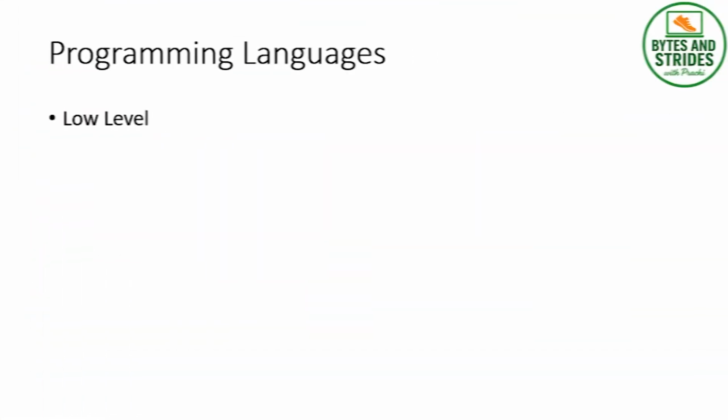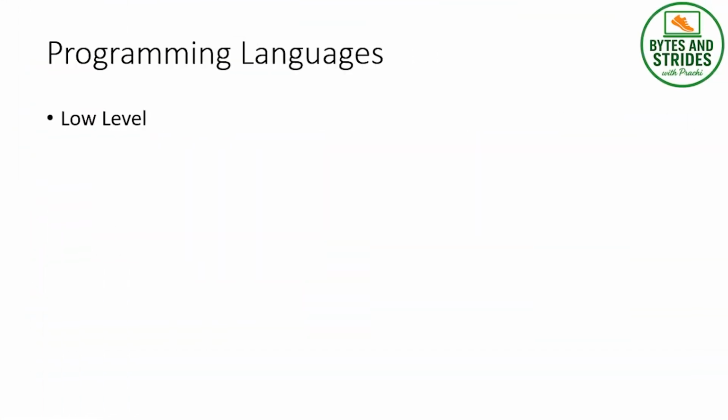Coming to programming languages, like we discussed earlier, natural languages cannot be used for computer programming. So there are specialized programming languages which will be used for computer programming, and they can be classified as low-level languages and high-level languages. Now, what do I mean by low-level language? A language which is machine-friendly.